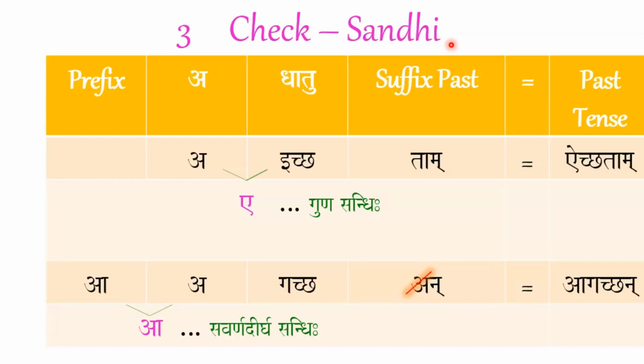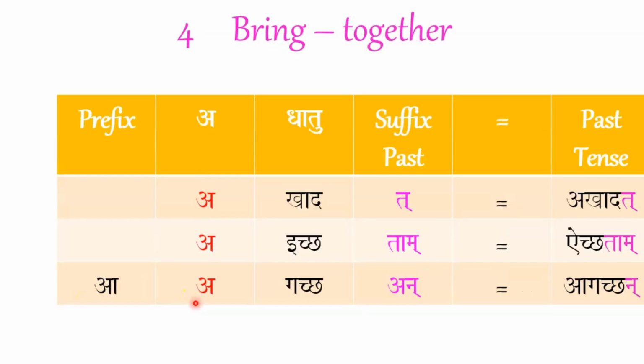There are two positions where sandhis occur. First, after agamaha if there is any dhatu which begins with a vowel. And the second position is between prefix and agamaha. And number four, bring all the words together.